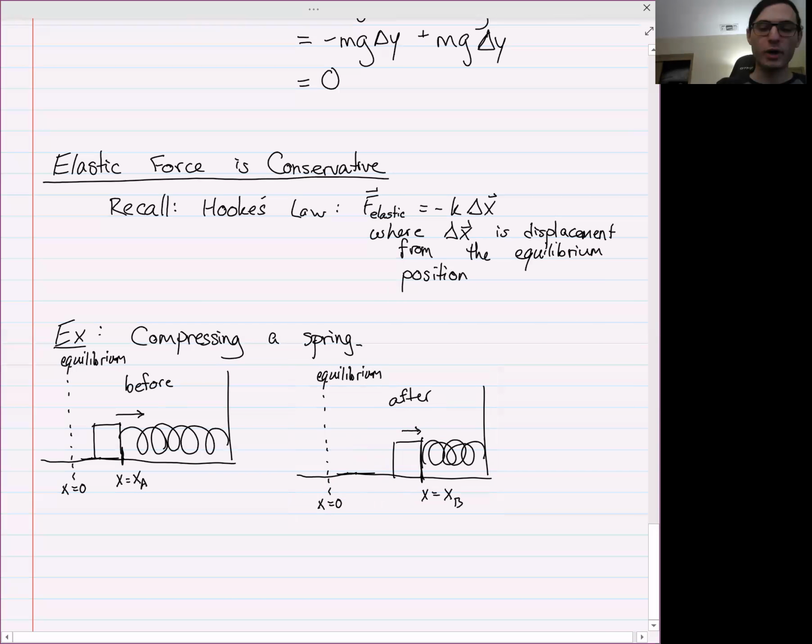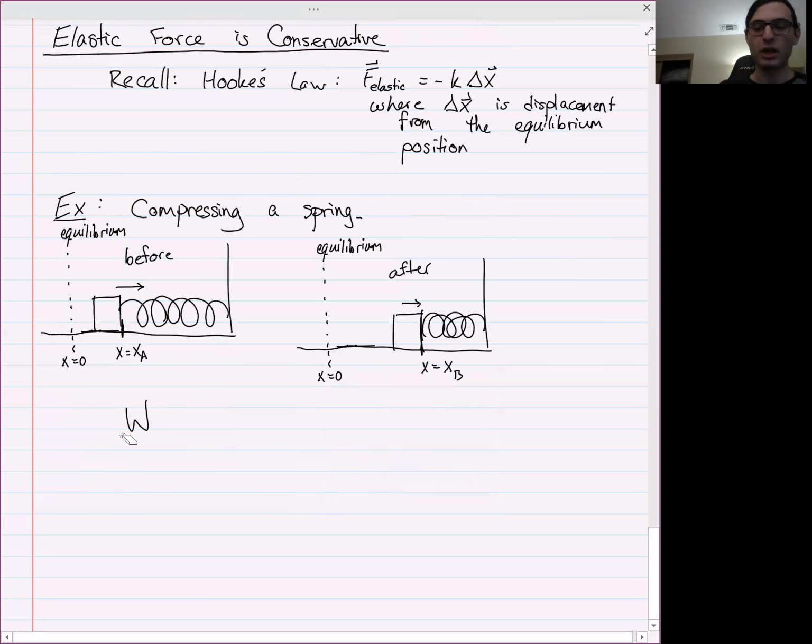Okay, so the work done by the spring. Let's figure out the force. If the block was at some arbitrary position x, and let's say that x is positive, for example, say the block is here, and that's just some random position x.